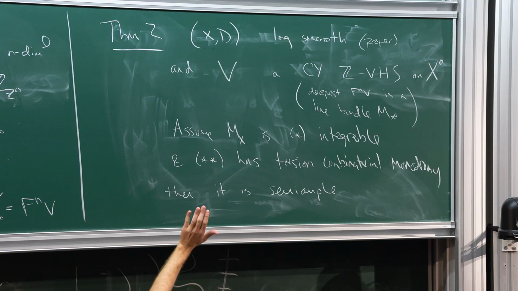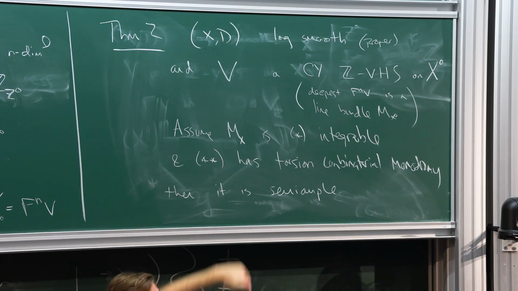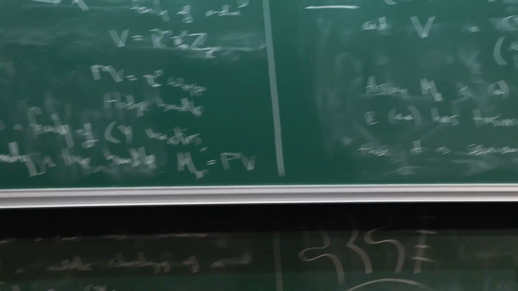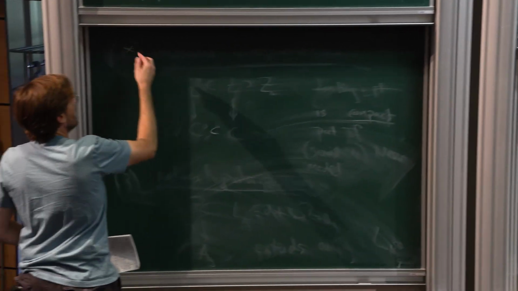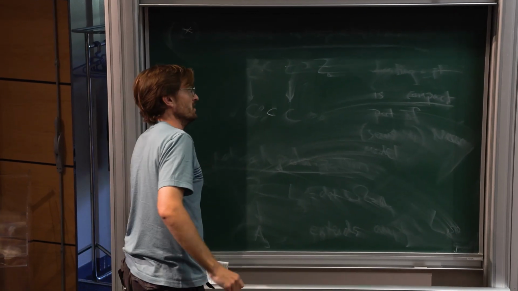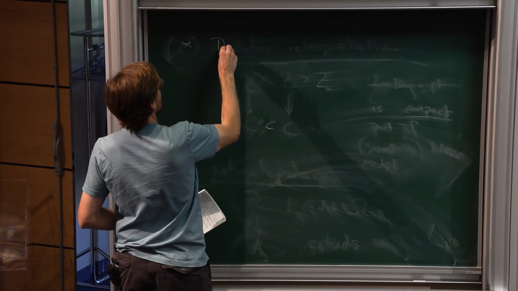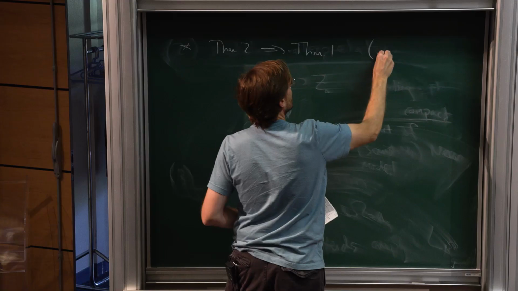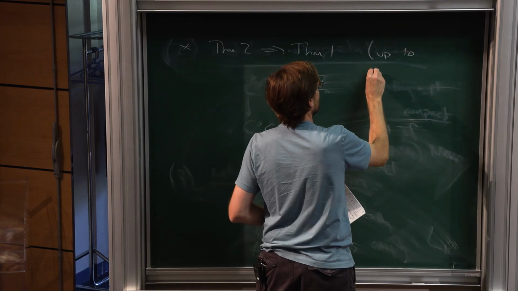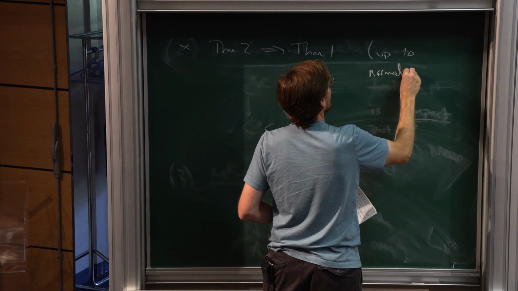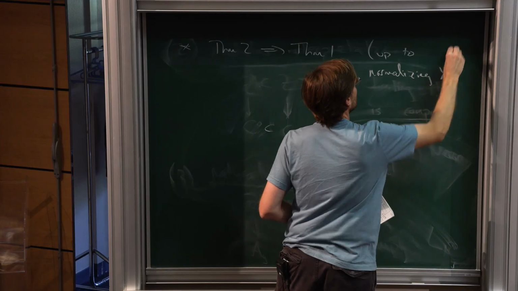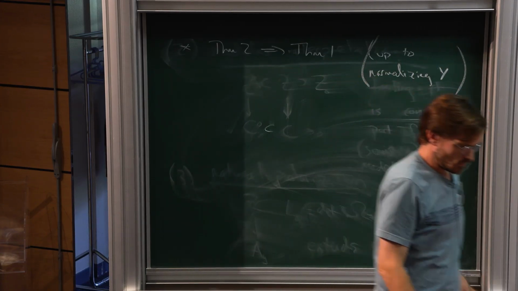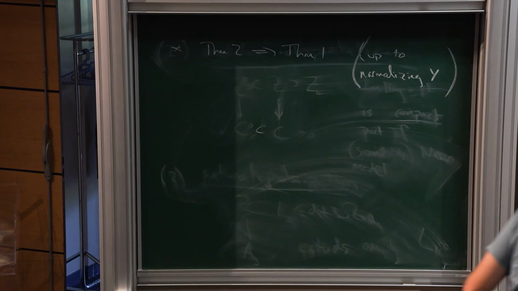It's very important to the proof, and it goes via theorem 2, at least up to this normalization business that I mentioned. So theorem 2, in fact, implies theorem 1 up to normalizing Y. Okay. And why is that?